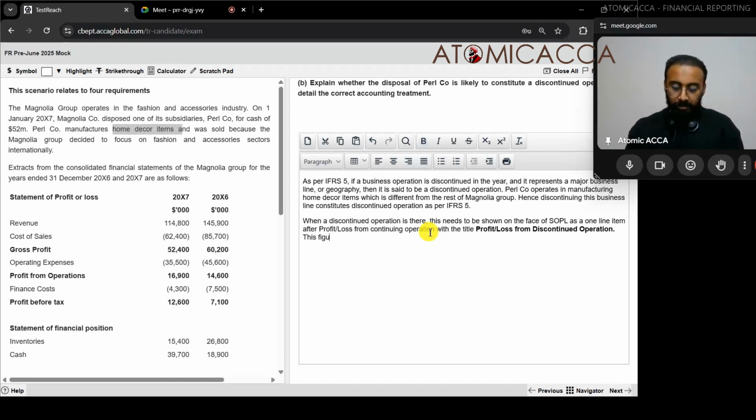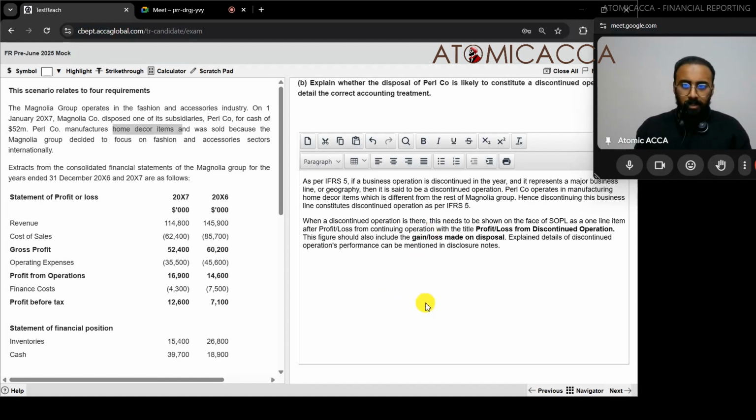This figure should also include the gain or loss made on disposal. Details of discontinued operations performance can be mentioned in disclosure notes.